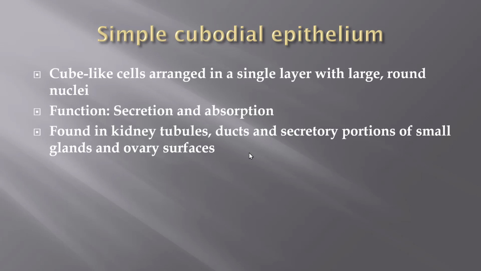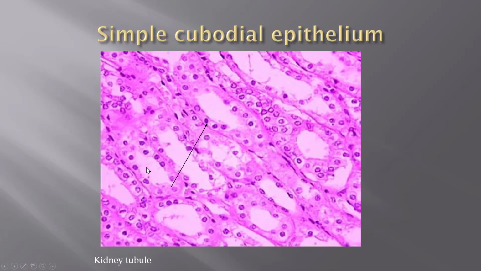So you're going to see it in the kidney tubules. You're going to see it in some of the smaller glands, the surface of the ovary. But if we take a look at this, this is a little bit closer view of that tubule. You can see this is your free edge. There's the basement, the bottom of that cell, and then we go into another, but we have another free edge.